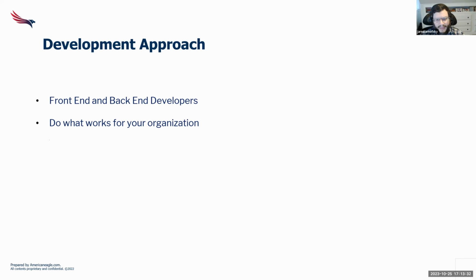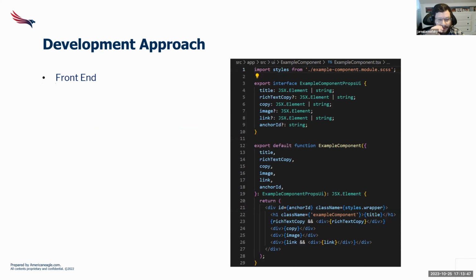So even though we did this for our organization and my project, that doesn't necessarily mean that this is the right fit for everyone, but it worked really well, and I just want to give an overview of what it was. So our development approach was to have our front end developers be able to spin up the local app.